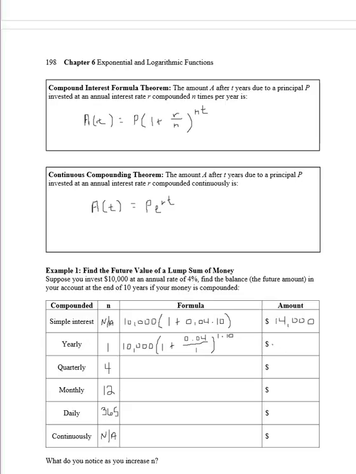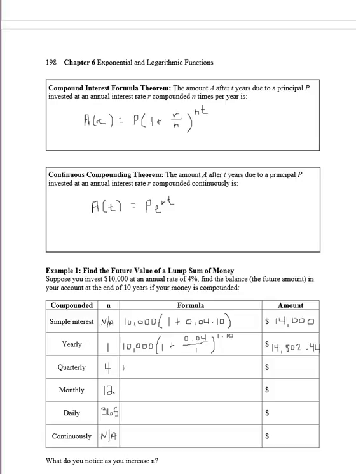And that gives us 14,802.44 for how much our $10,000 will be worth in 10 years.